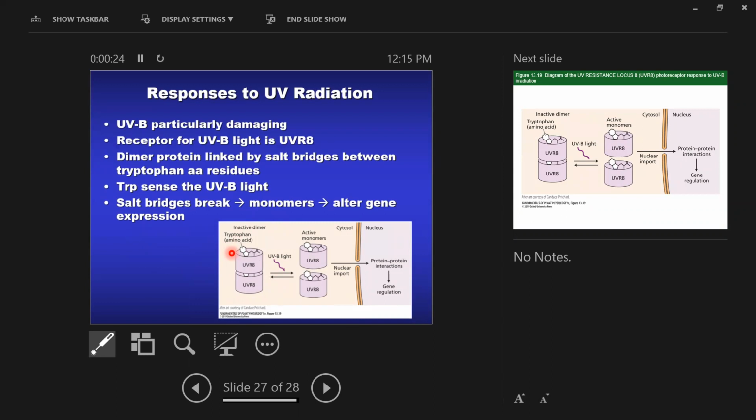So they said the UVB portion of ultraviolet light will cause this photoreceptor to break apart into monomers. So that's a little bit more drastic than just changing shape. It's actually breaking apart. That was kind of interesting. But anyway, the UVR8 photoreceptor absorbs UV light, and that breaking into monomers is the physical way that UVR8 will then interact with proteins and shift gene expression.